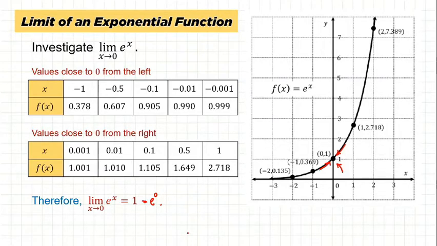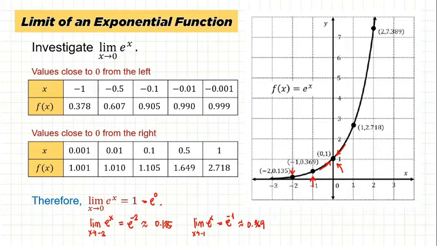Observe also that the limit of e to the x as x approaches negative 2 is equal to e to the negative 2. We can see it here, and that is approximately equal to 0.135. As x approaches negative 1, the limit of e to the x is also equal to e to the negative 1, and that is approximately equal to 0.369.